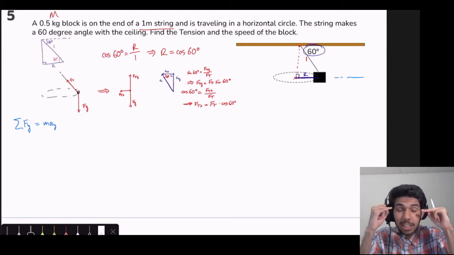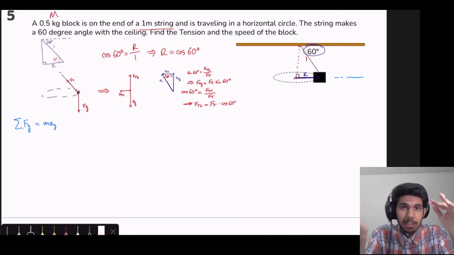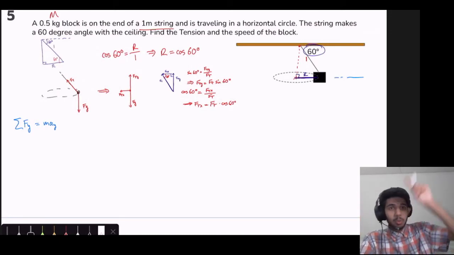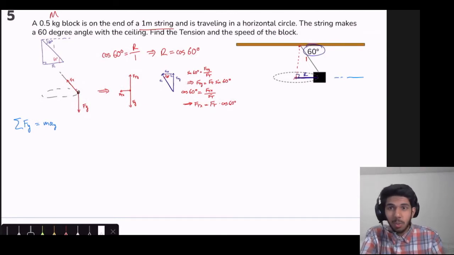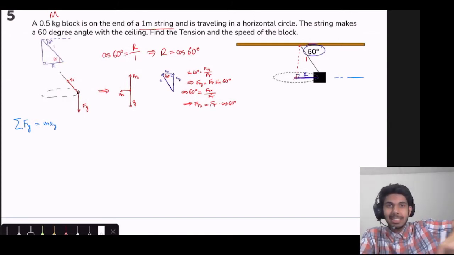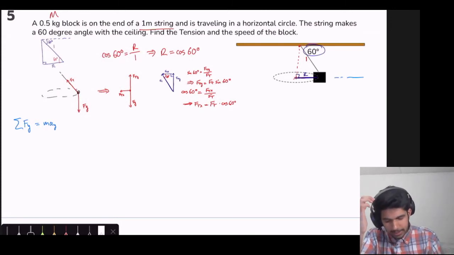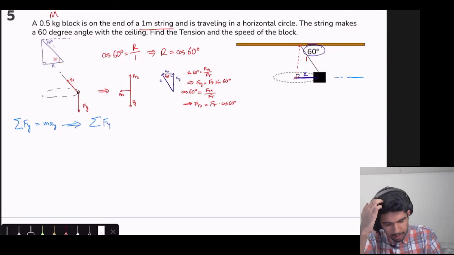If it was traveling in a vertical circle, then the situation might be a little bit different, because then the velocity is changing in the y direction. But since right now we're just stirring the pot, the y velocity isn't changing, so there's no acceleration in the y direction. Hopefully that makes sense. So we can just say that the sum of the forces in the y direction equals 0.